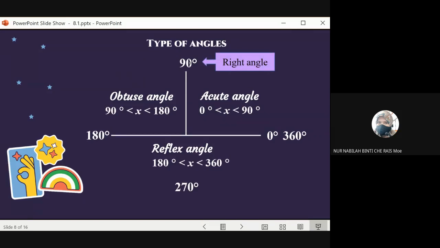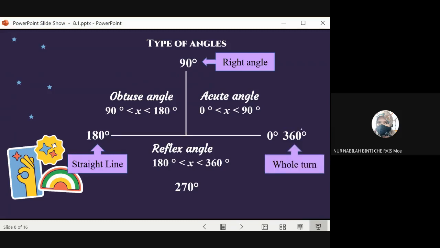So between 0 and 90 is an acute angle, if 90 it is a right angle, if between 90 and 180 it is obtuse, if 180 it is a straight line, and beyond 180 it is a reflex angle. If 360, it is called a whole turn. Okay, so these are the types of angle.